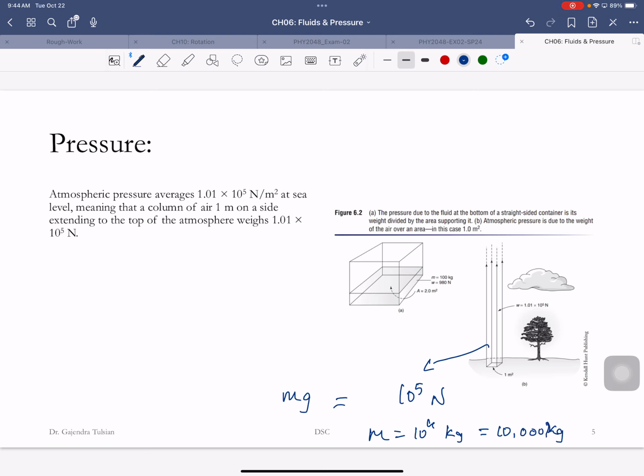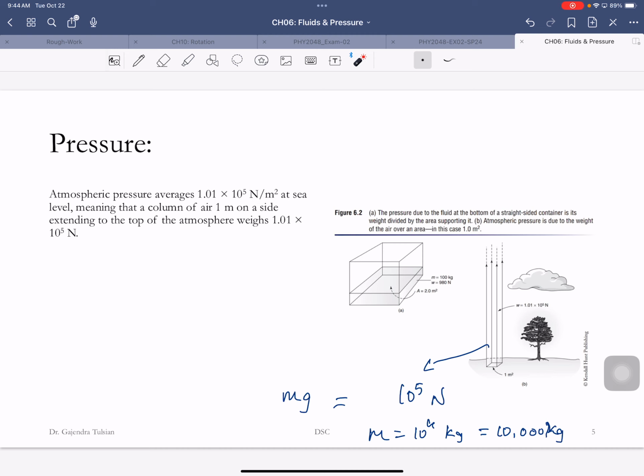Okay. So again, what this means is, 10 to the power of 5 newtons, that's the weight of this column of air all the way to space. And so now you understand that if you go to a higher elevation, the pressure decreases because that's the weight of that column of air. In fact, if you go up 5 miles, the pressure decreases to half an atmosphere.